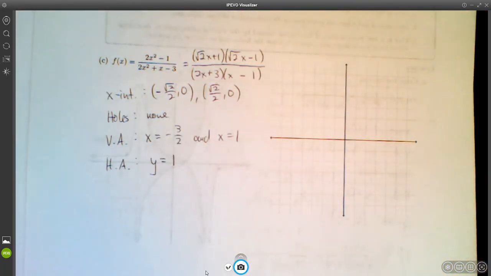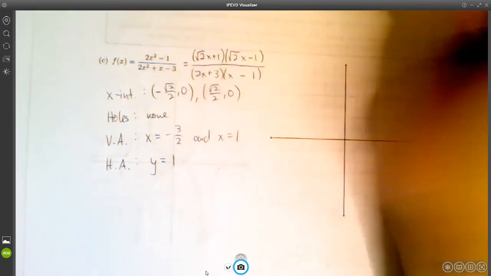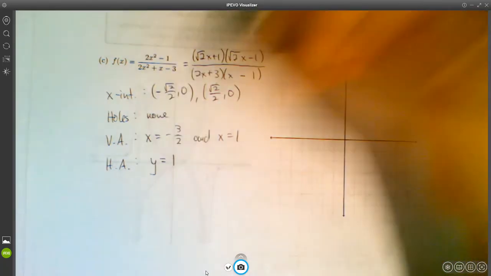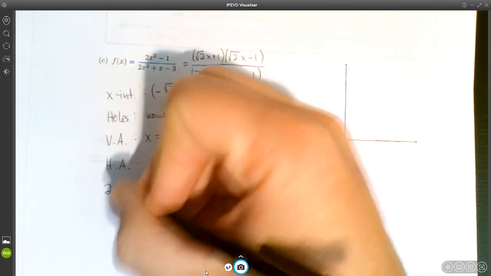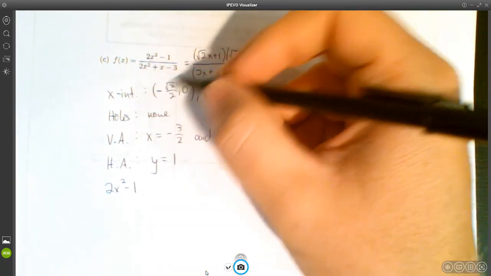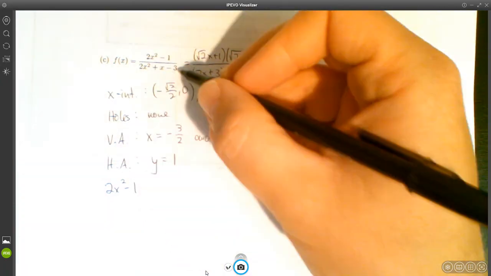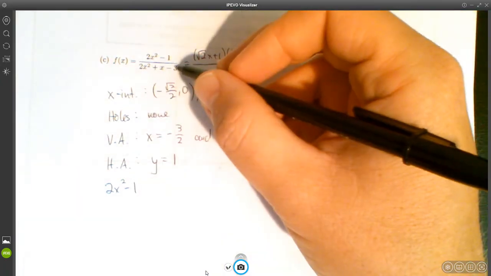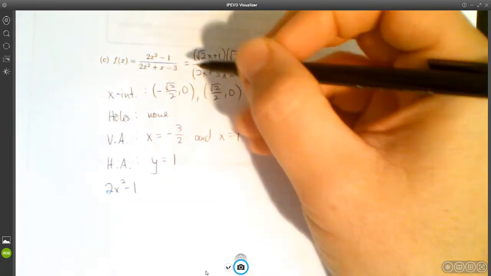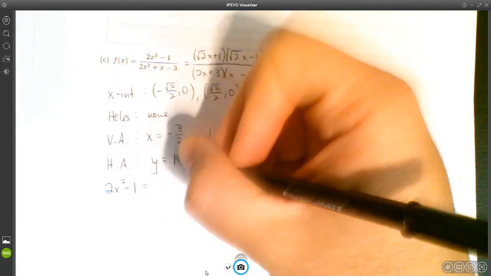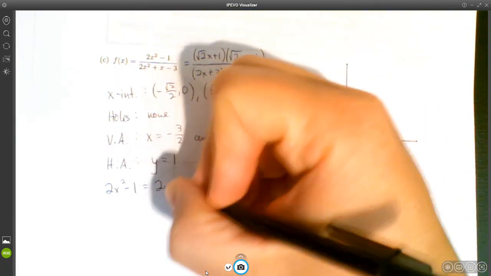Finally, let's decide if this graph ever crosses its horizontal asymptote. So I'm going to set 2x squared minus 1 over 2x squared plus x minus 3 equal to 1. In order to solve that, I'm going to have to multiply both sides by 2x squared plus x minus 3, and 1 times that is just that, right?